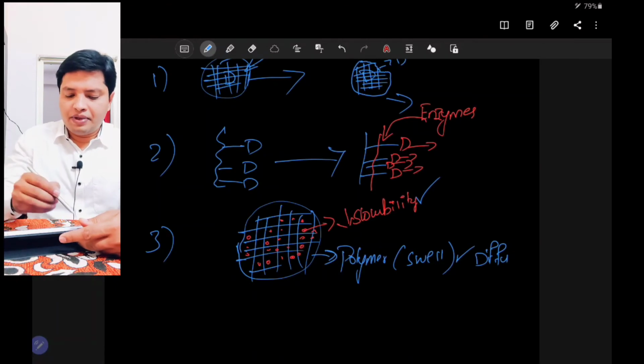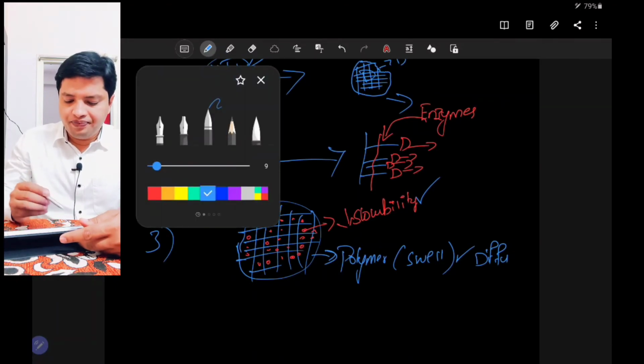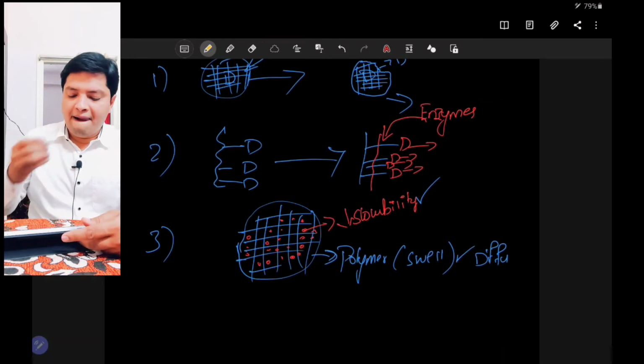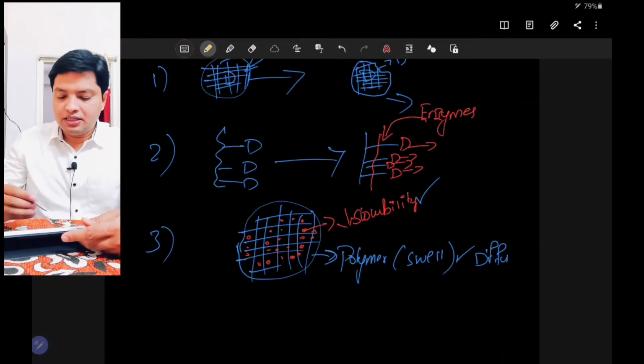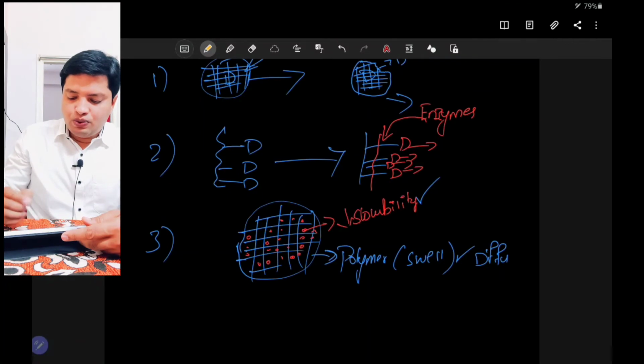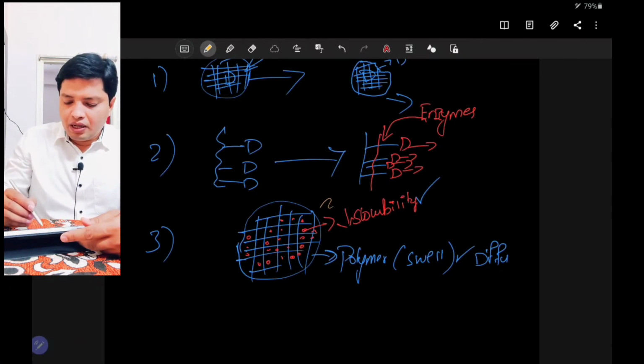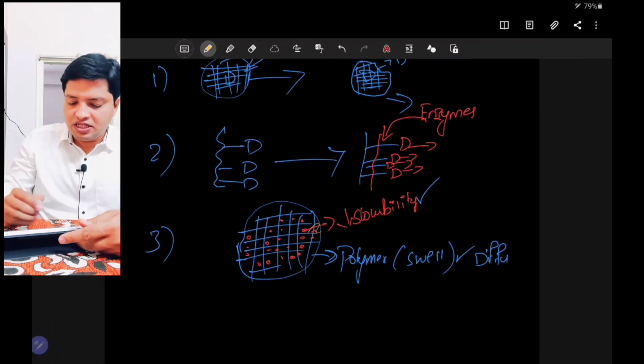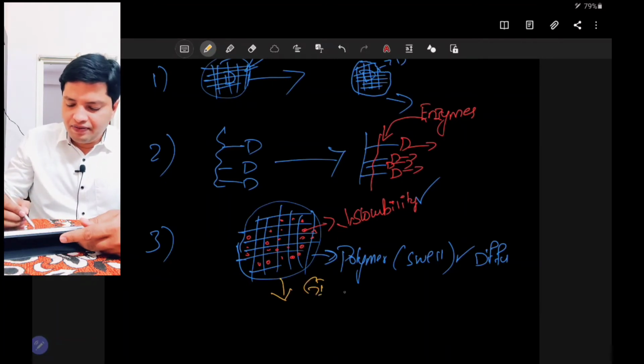Now what happens here, when this system enters the body and comes in contact with body fluids, or GI fluids, the polymer will swell. Once the polymer swells, it will provide a barrier for the drug to diffuse through this system.